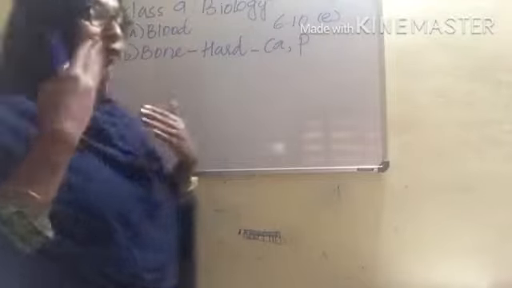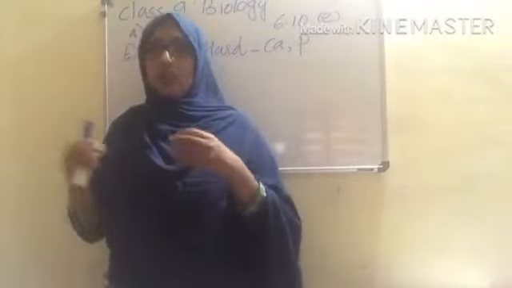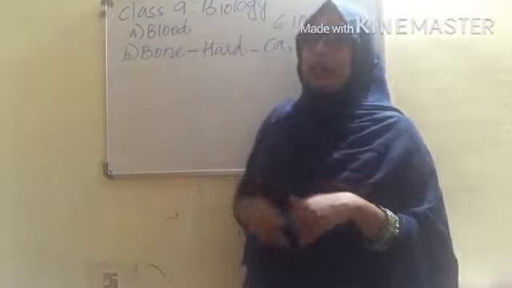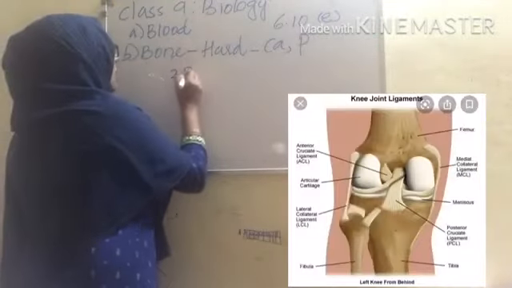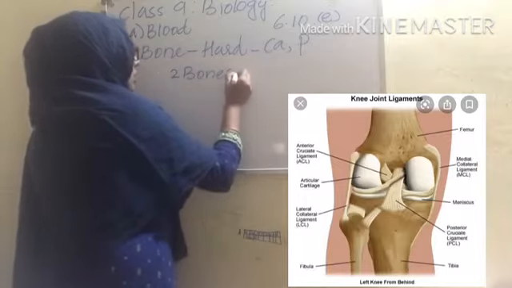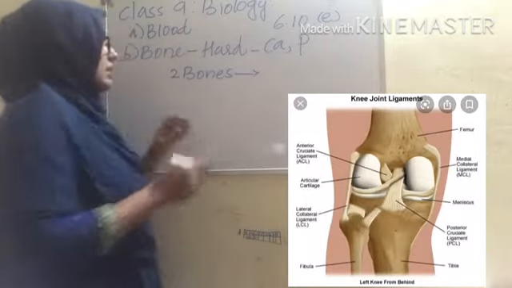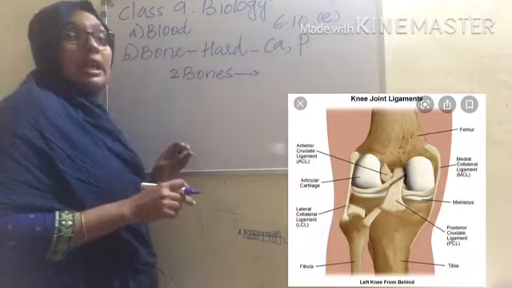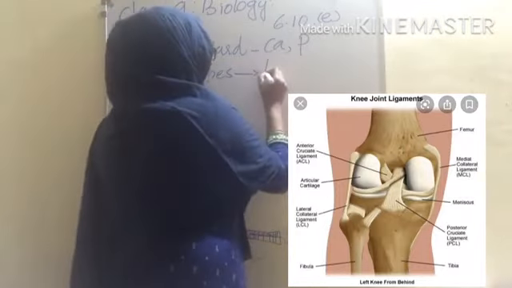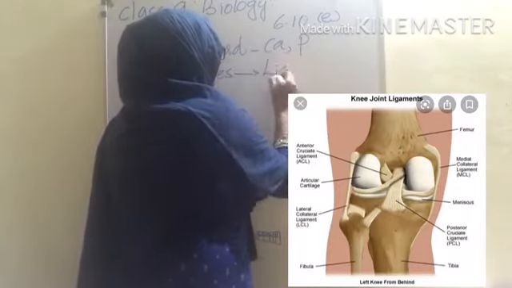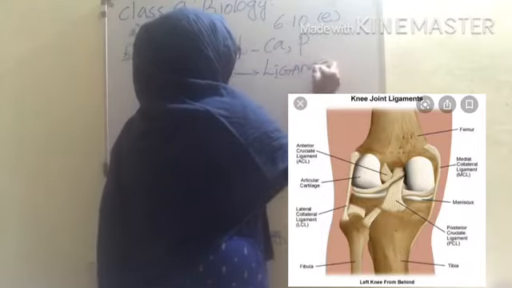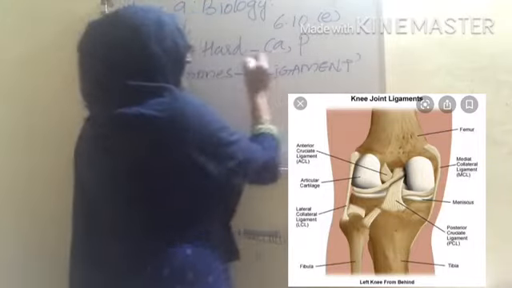Before going to another type of connective tissue, we can discuss a little more detail about bone. When two bones are connected to each other, they are connected by a connective tissue known as ligament. What is it known as? Ligament.